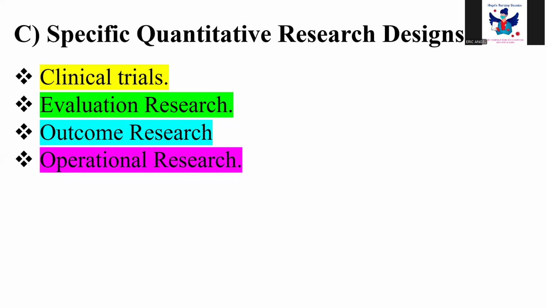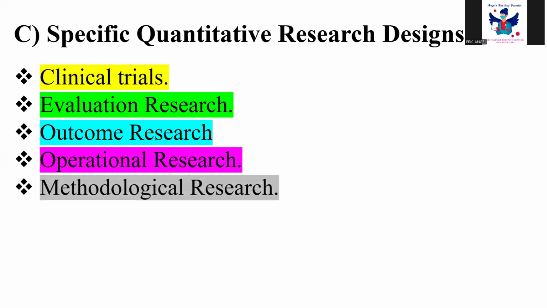Operational research. Operational research involves the study of complex human organizations and services to develop new knowledge about institutions, programs, user facilities, and personnel to improve the working efficiency of an organization. Next, methodological research.